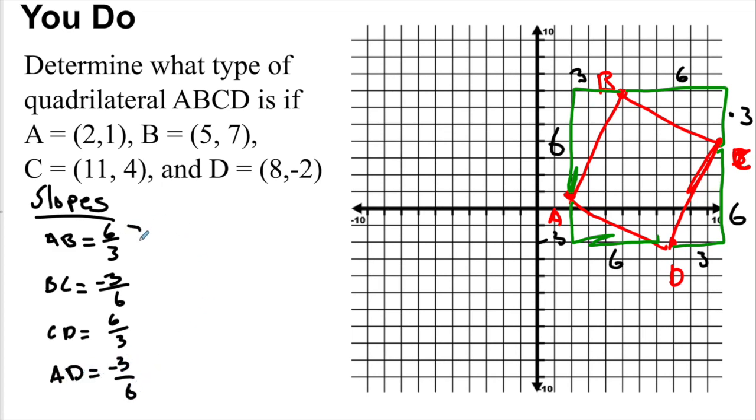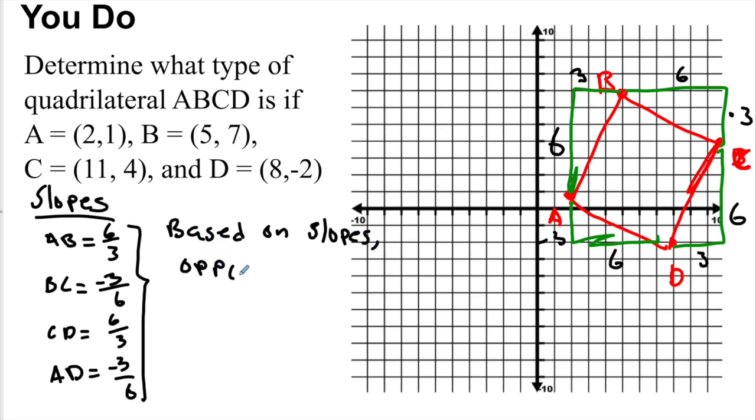Now, if you do it like this, what you can say, based on the slopes, opposite sides are parallel, same, and notice adjacent sides flip and are opposites.